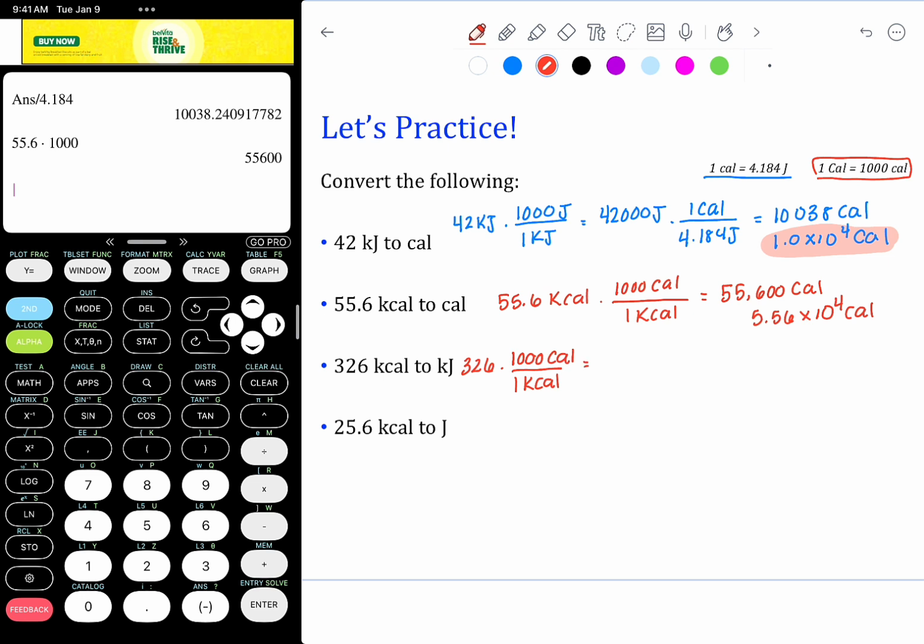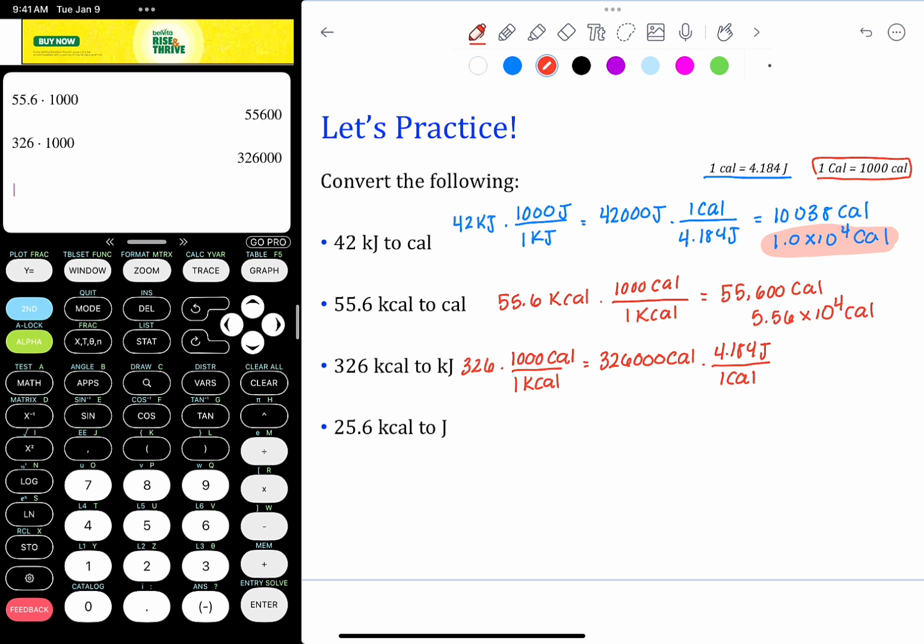So we're going to get 326 times 1,000 to get 326,000 calories.